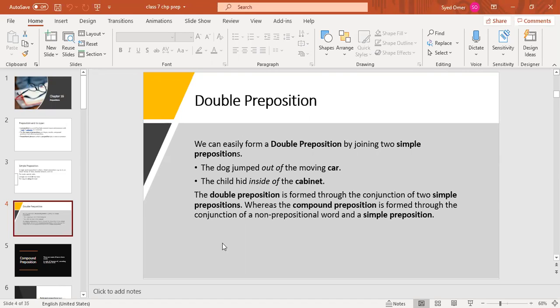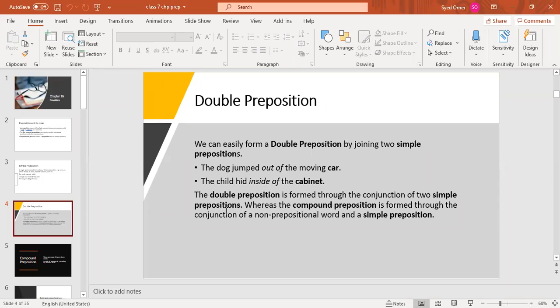For example, the dog jumped out of the moving car. Out of: two prepositions, one is out and one is of. The child hid inside of the cabinet. Inside and of, both are prepositions. So the double preposition is formed with the conjunction of two simple prepositions.